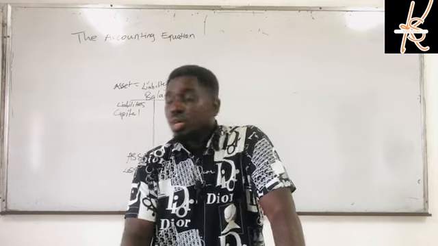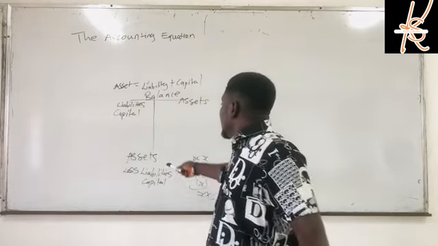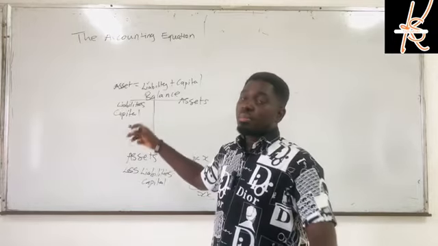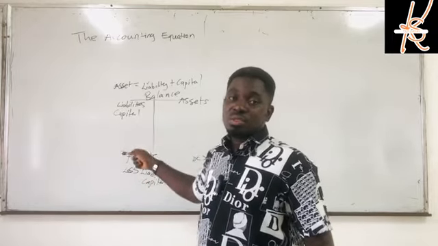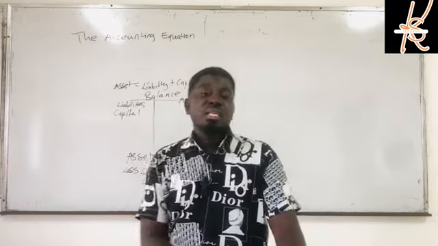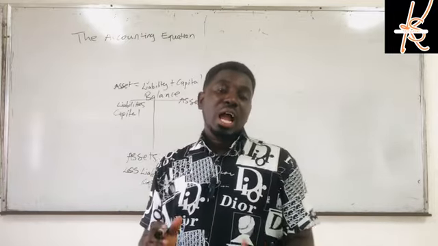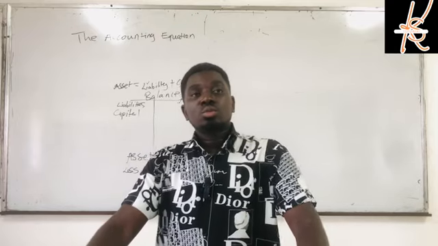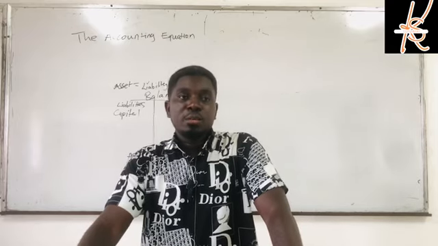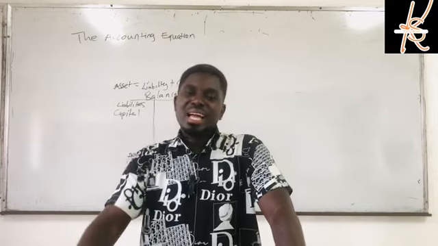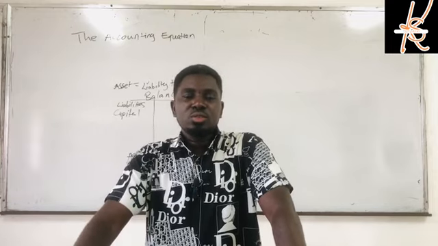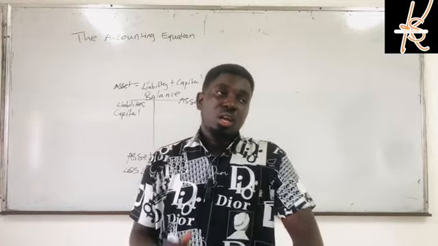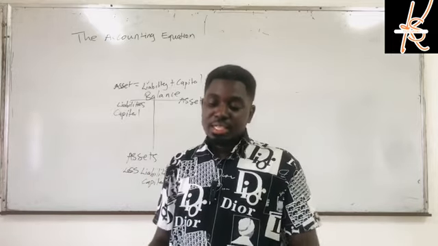The relationship is that the balance of the total assets, the balance of the liabilities, and the balance of our capital will sum up to our balance sheet figure. The balance sheet also tells us the financial position of an entity at a particular date.